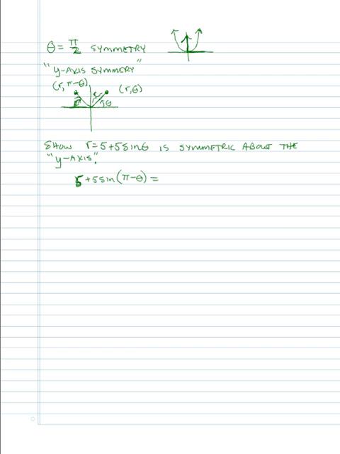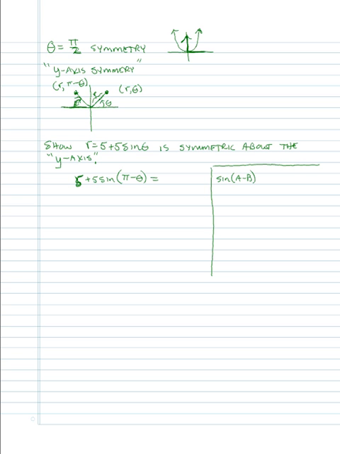But here we have to do a little bit more work. And we have to rely on an old trig identity. And that trig identity is what we call a difference formula for the sine function. The sine of a minus b.